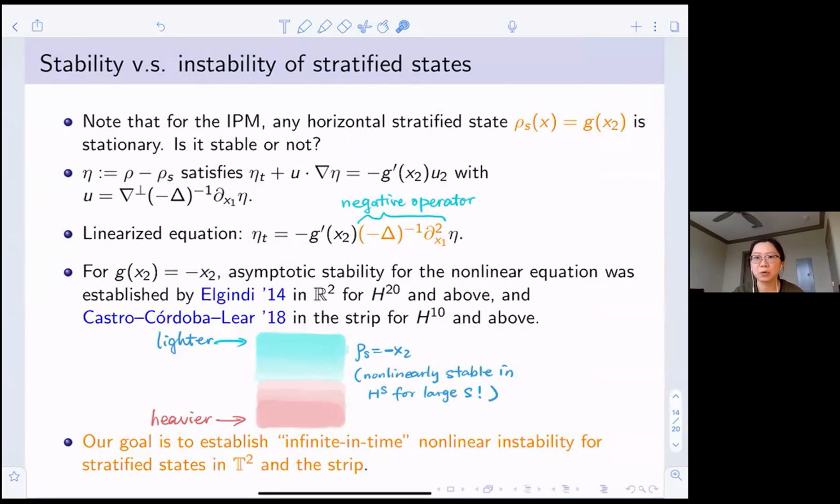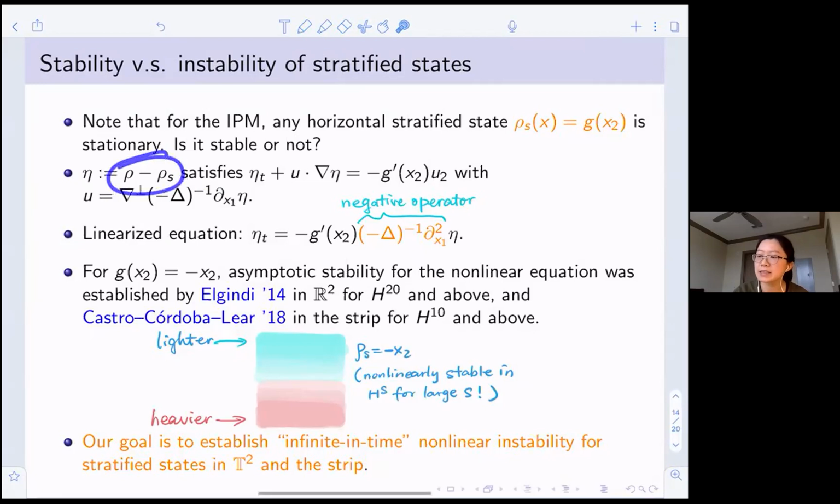In fluid equations, there is a vast literature on the linear stability versus instability of steady states, and also on how to upgrade linear stability into nonlinear stability or instability. In particular, my colleagues Chongchen Zeng and Ji Lin are experts in these areas. Usually the first step is to look at the linearized equation near each steady state.